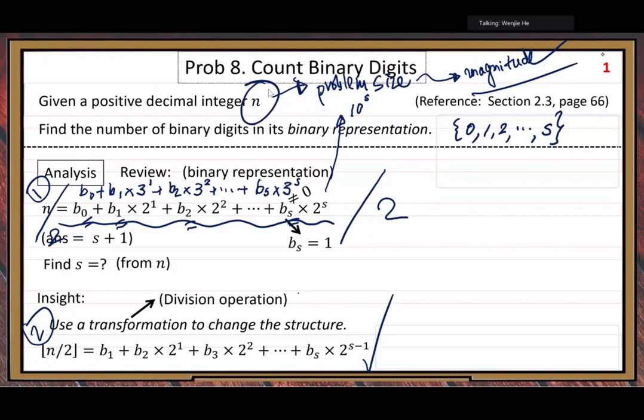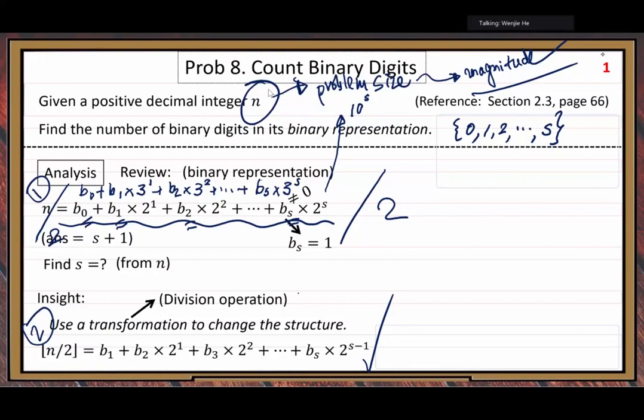Then, our next question: what's the relationship between these two questions of different problem sizes? If we can find that relationship, then we get a recurrence relation. We want to find the recurrence relation between these two problem sizes. That's our current goal.